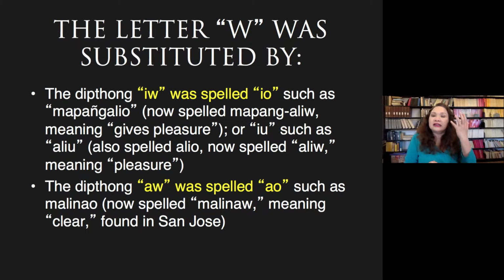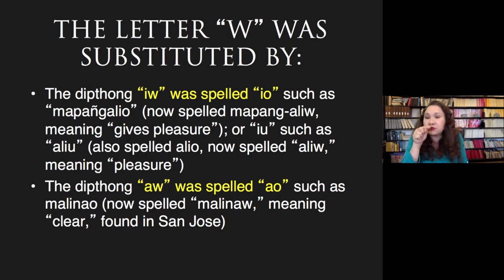Now, that also was true for the letter W. The letter W was substituted by the diphthong IW, so the diphthong IW was spelled IO. For example, now we say mapangaliw, meaning gives pleasure. At that time, you spell that mapangalio.